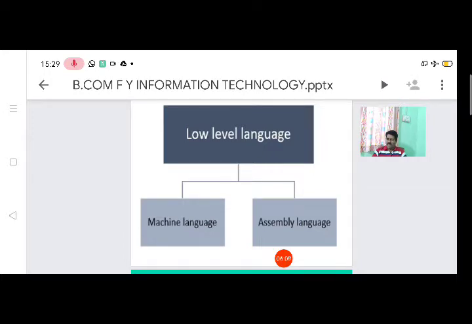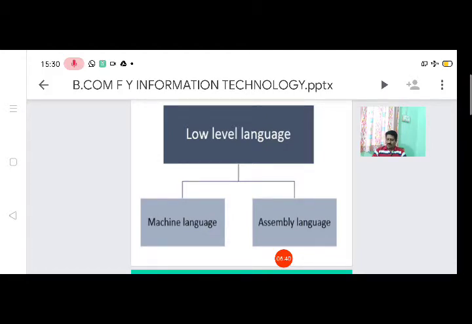It can only understand and execute instructions given in the form of machine language, for example, binary language. The most famous and base of all programming languages, like C, C++, Java, Oracle, are mostly used as low-level language.